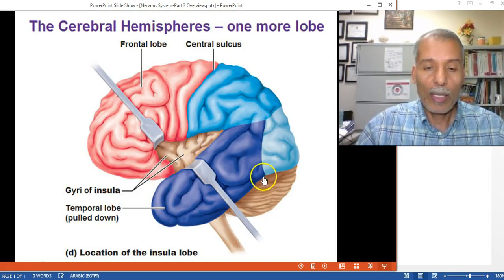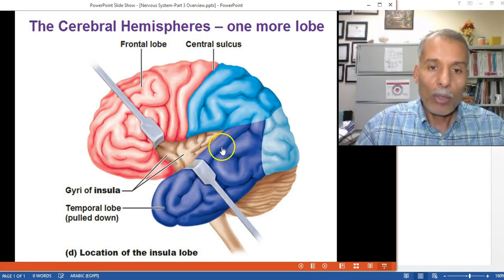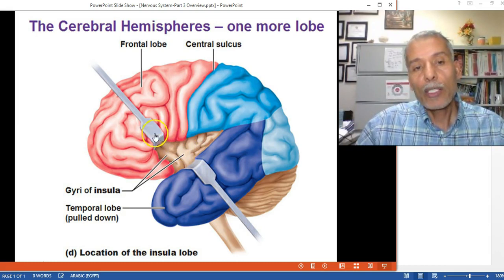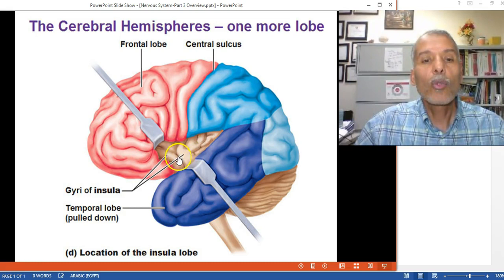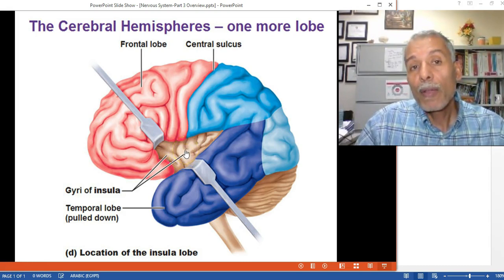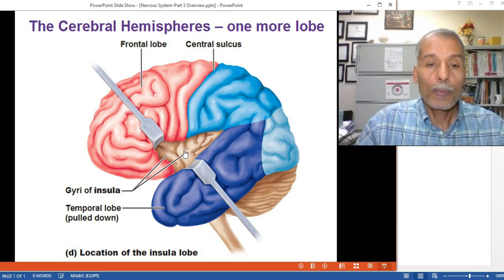So if you just take an instrument and pull down the superior temporal gyrus down, and then this part of the frontal cortex and this part of the parietal cortex, you are going to find an area that is beneath, that is buried. That is called the insula, or the insular cortex. That by itself is a lobe on its own.